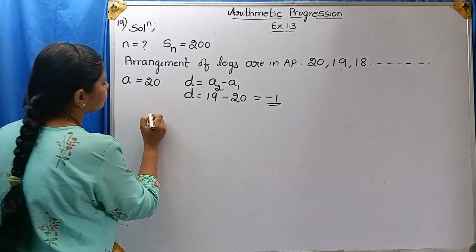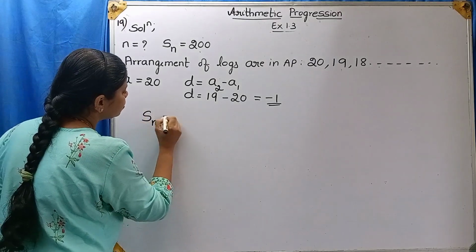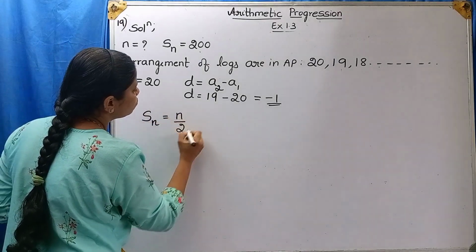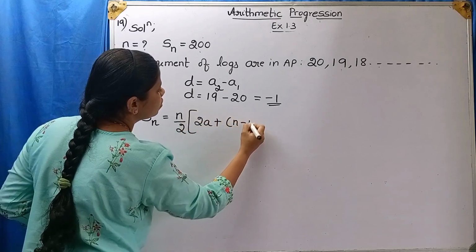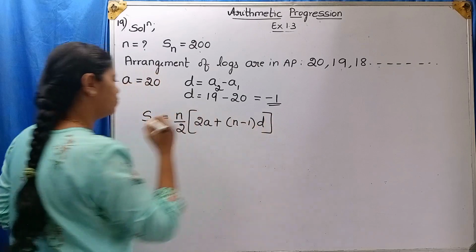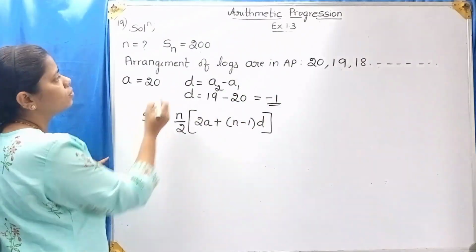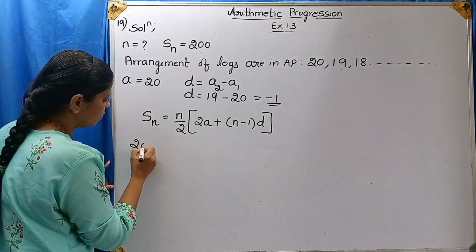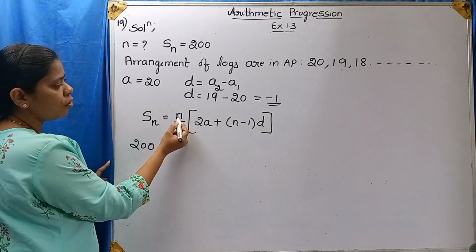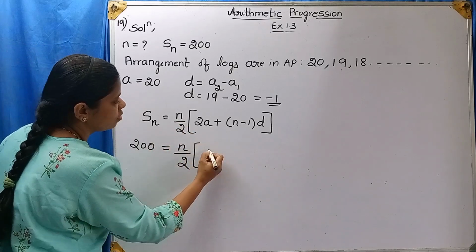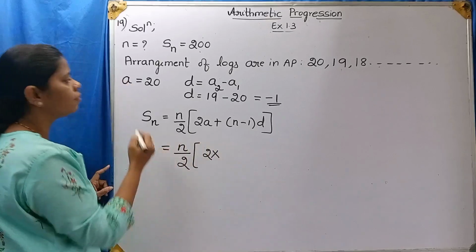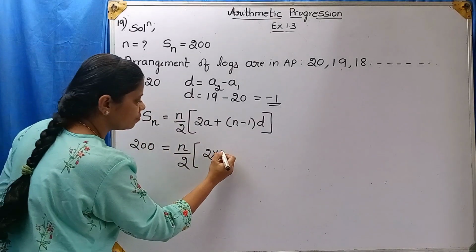See here. Sn is equal to n by 2 into 2a plus n minus 1 into d. Sn, the total number of logs, is 200. The number of rows we have to find out, that is n. 2 into a, the value of a is 20.